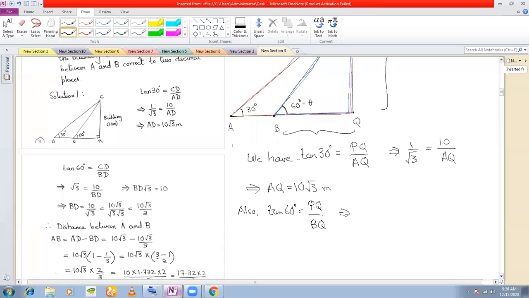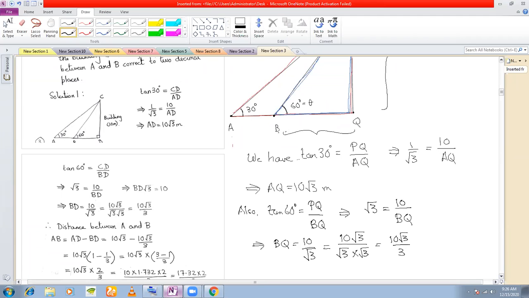And tan 60 is root 3. PQ is 10. So therefore, what is BQ? BQ is 10 by root 3. Which if you rationalize the denominator, you multiply numerator and denominator by root 3, gives 10 root 3 by 3. So you've got BQ also.